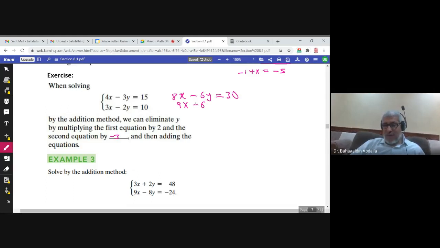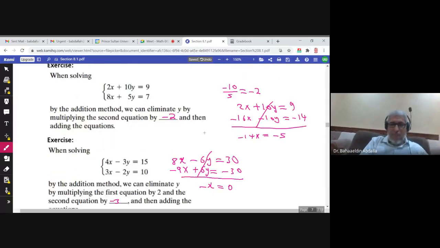I need it to be +6 so I can eliminate when I add the two equations. So -9x, because I'll multiply by -3 now, plus 6y equals -3 times 10, that's -30. Now, if you add the two equations, y would be cancelled, and you will have 8 minus 9, -x equals 0 in this case.